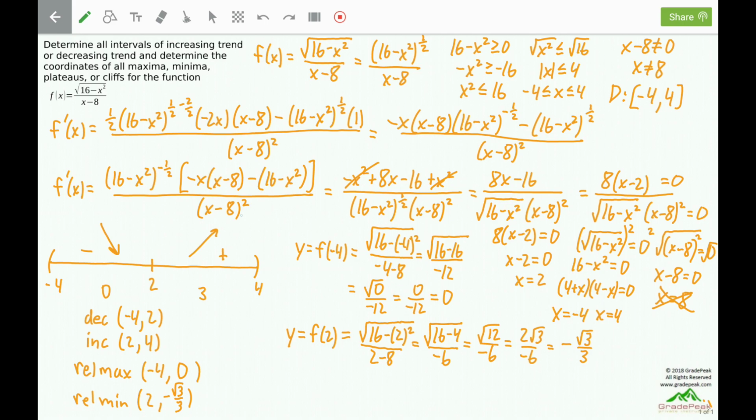And then the third critical number is the right endpoint. And at the right endpoint, there's nothing to the right of it, but to the left of it, it is increasing up to it. So that's going to make the right endpoint also be a relative maximum. So there's a relative maximum occurring at an x-coordinate of 4, and it has a corresponding y-coordinate that can be found by plugging 4 into the original function.